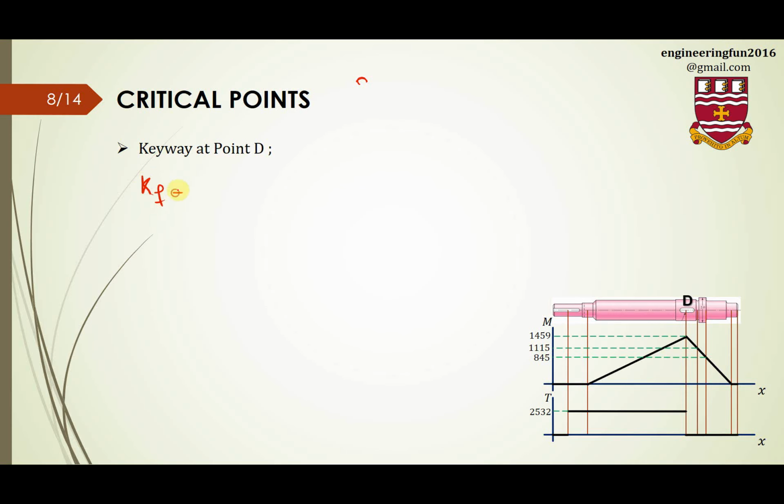KF, the fatigue factor, is 1 plus q times KT minus 1, which will be 1 plus 0.66 times 2.14 minus 1, which will be 1.8.